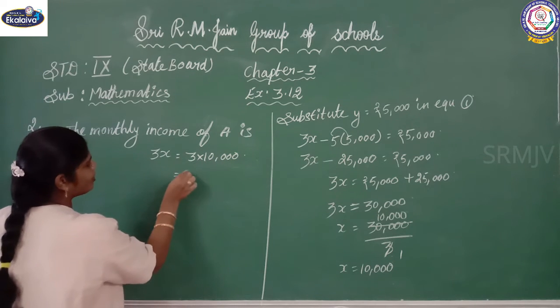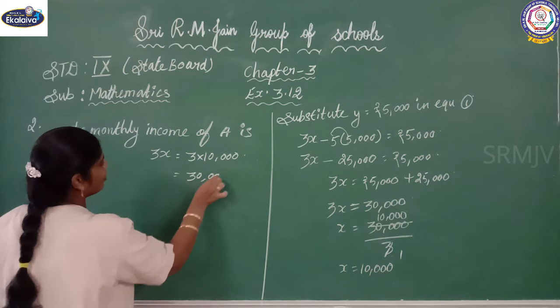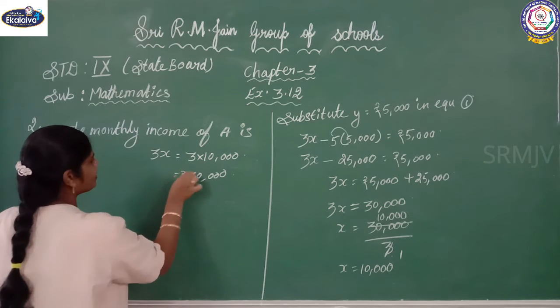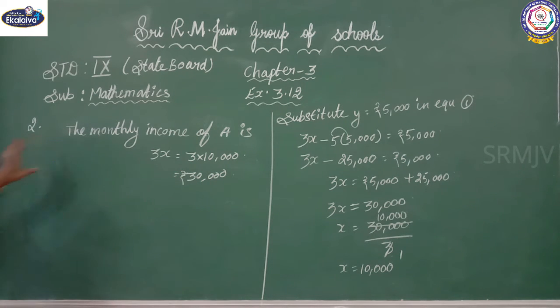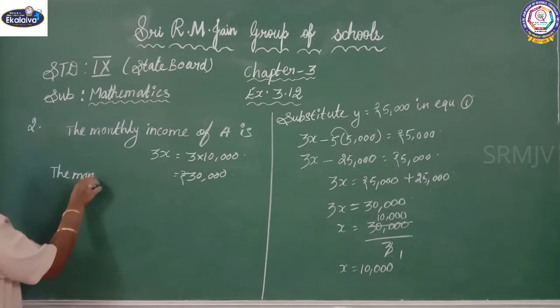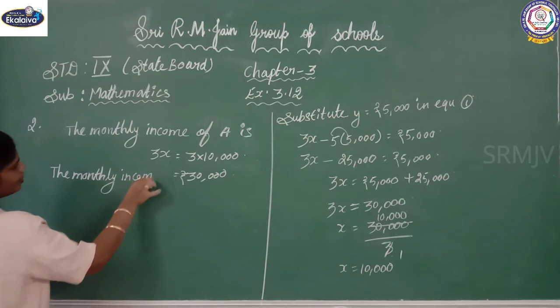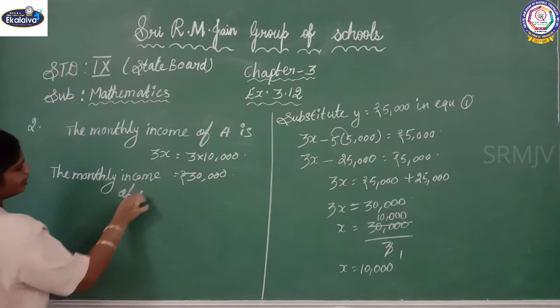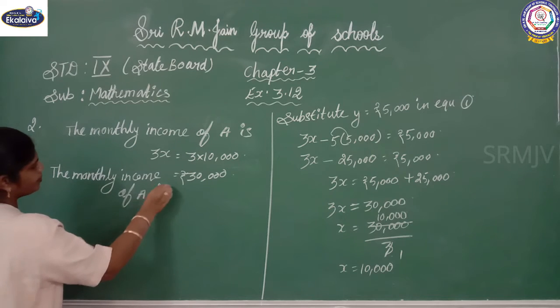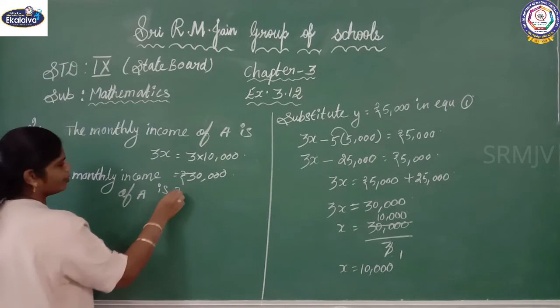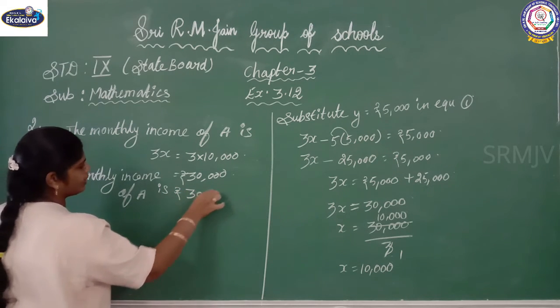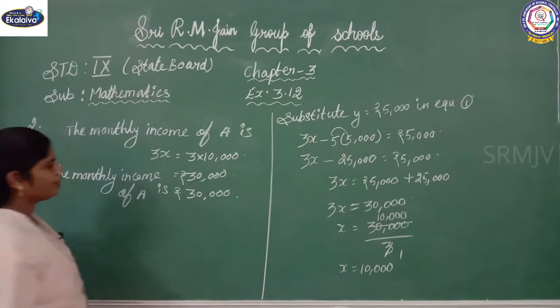So 3 into 10,000, what do you get, children? Rupees 30,000. So the monthly income of A is 30,000 rupees.